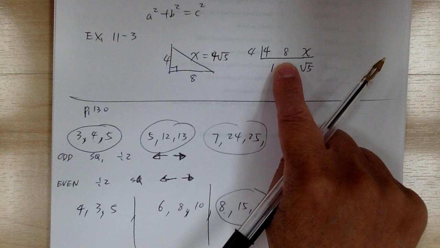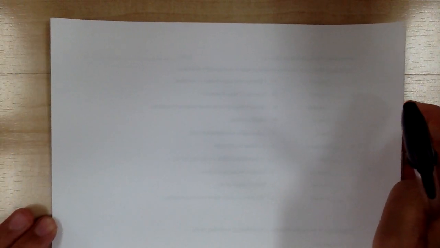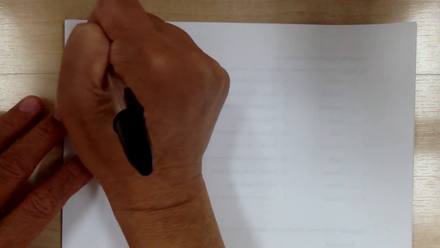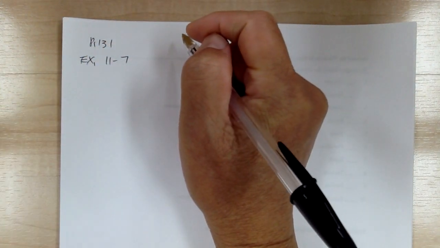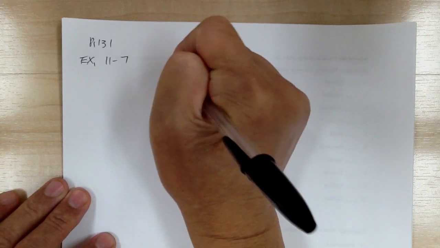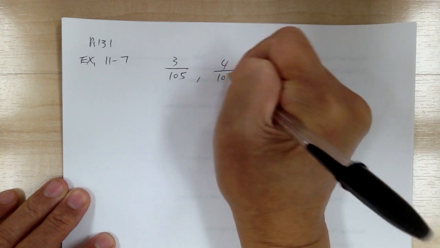Okay, so let's do some examples. Let's go and do example 11-7. It says the legs of a right triangle have lengths of 3 over 105 and 4 over 105.